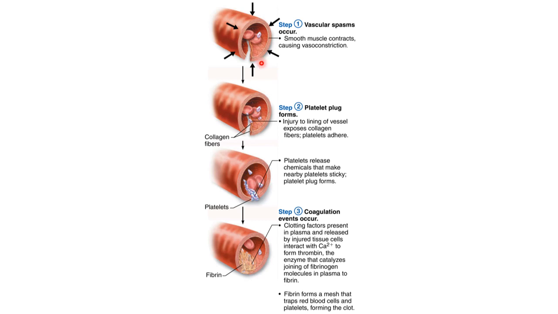Step number 2, mapapansin ngayon ng platelets, itong mga puti, that there is a rough surface. So normally kasi, kapag walang injury, the blood vessels are very smooth. But this time, when the platelets went through that particular portion of the injured blood vessel, they encountered a rough surface.